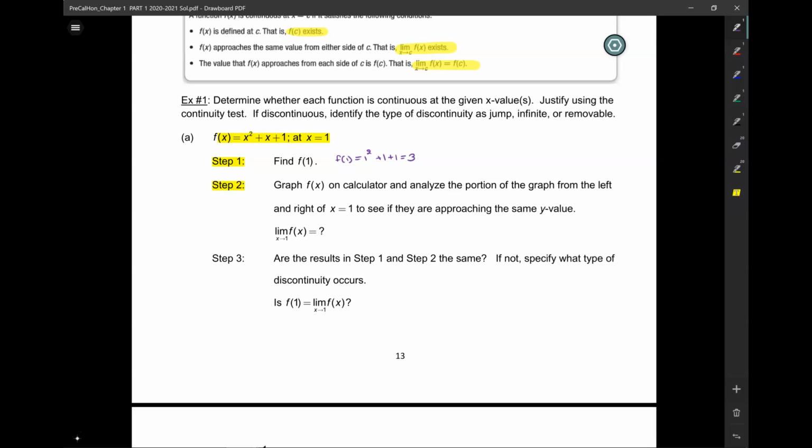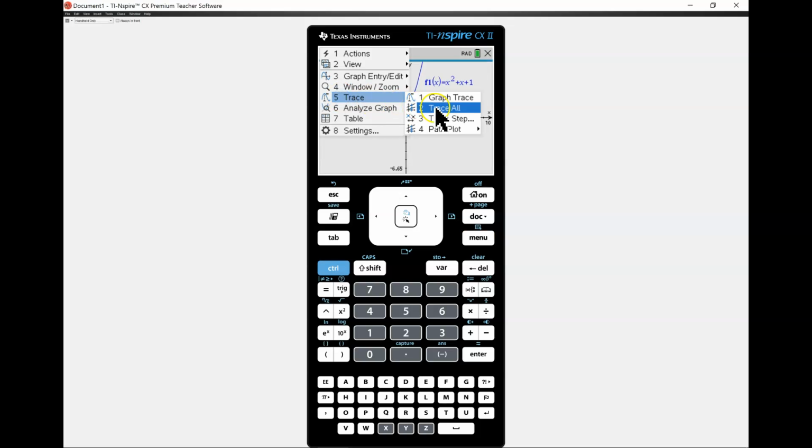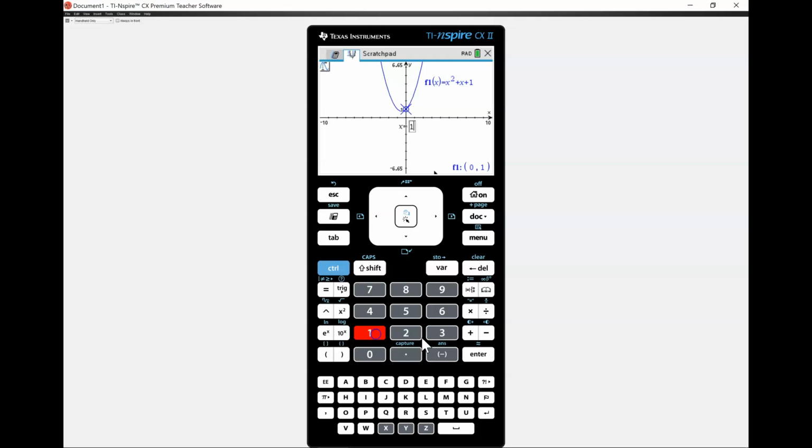Next, we want to graph f of x on a calculator and basically look at its limit. So let's go ahead and do that. Here's my graph, and all you have to do is nothing fancy, just visually inspect what the limit is as x approaches 1. One way to do that is to trace, find the point at x equals 1.